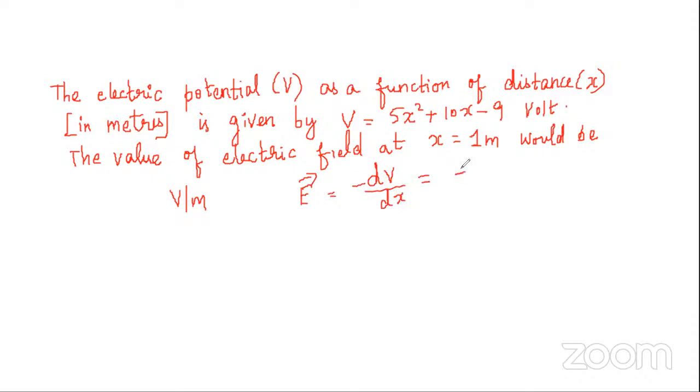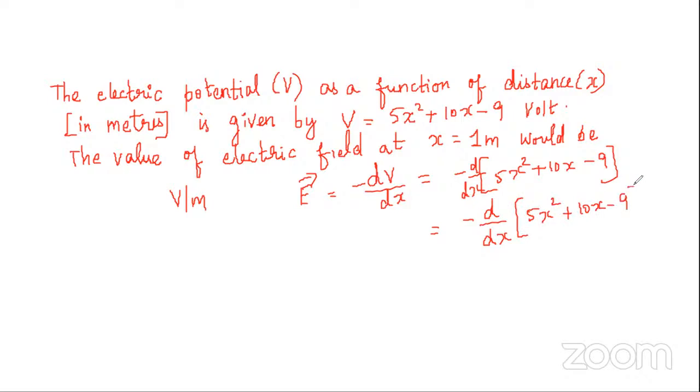So minus of dV by dx means I have to differentiate. So d by dx of 5x squared plus 10x minus 9. So minus d by dx of 5x squared plus 10x minus 9.